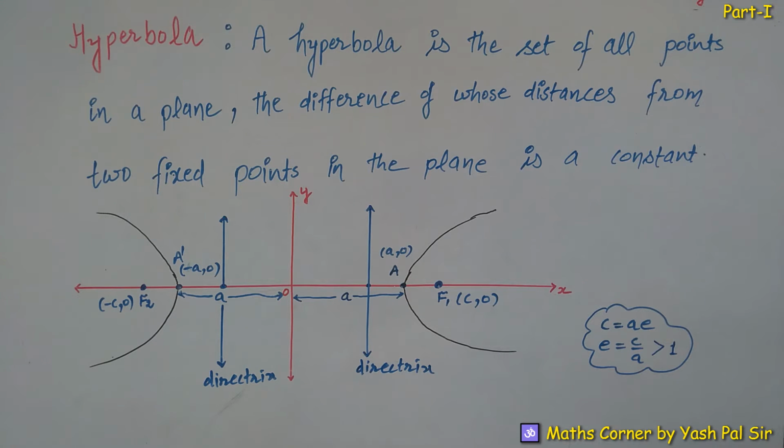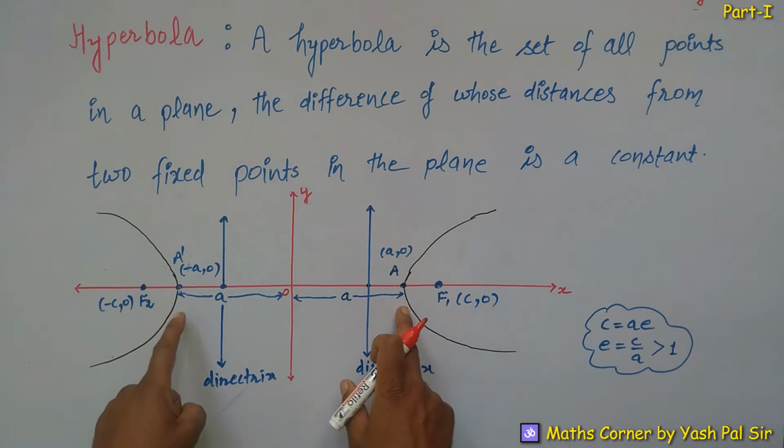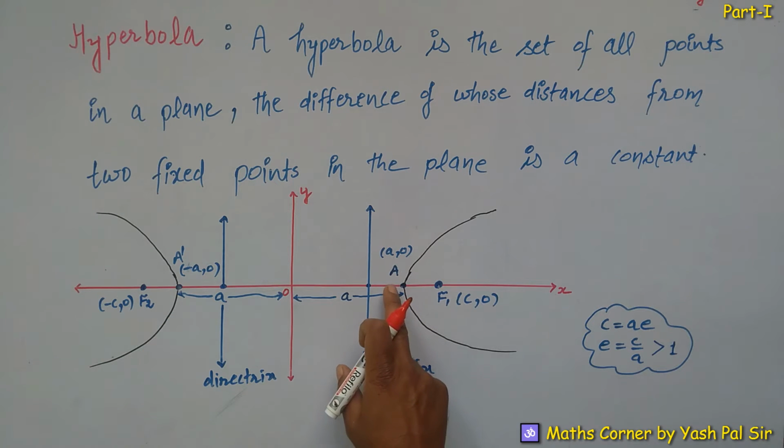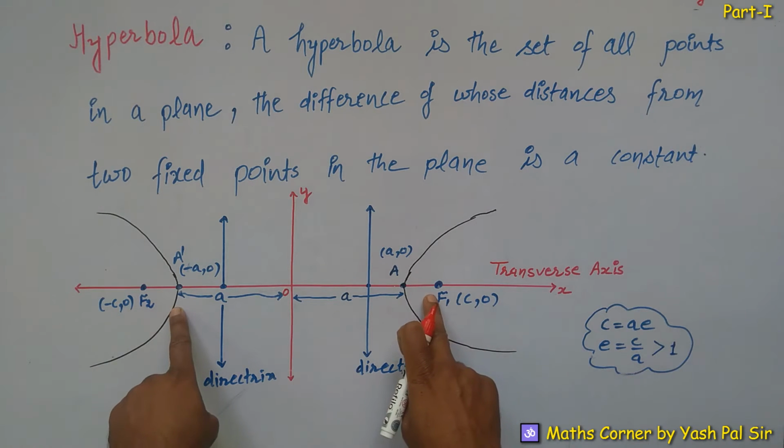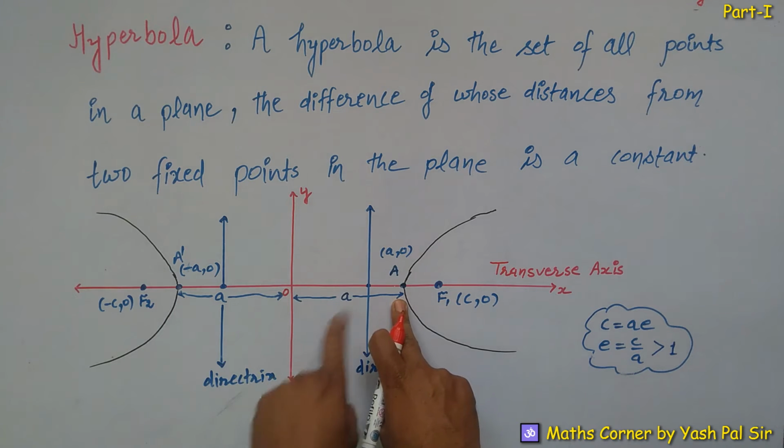Before that I must explain what the conjugate axis and the transverse axis are. Here the x-axis is called the transverse axis, the axis on which the vertices lie.